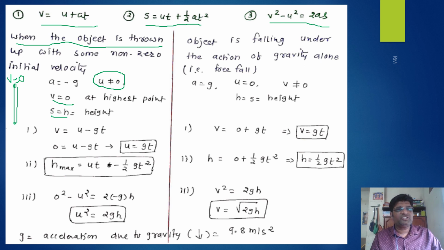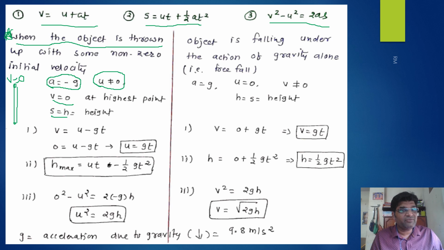So these three equations take different forms for different kinds of motion. The first motion is when the object is thrown up with some initial velocity. In this case, while the object is going up, its speed is decreasing. If speed is decreasing, that motion is a retarded motion, a negatively accelerated motion.